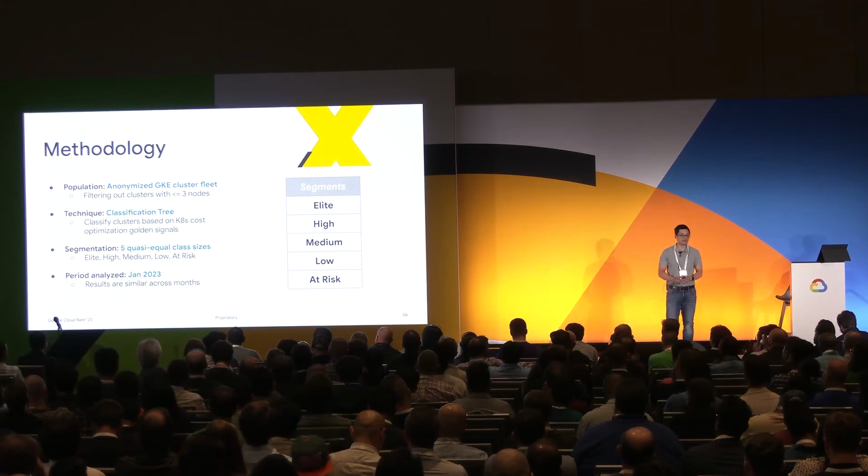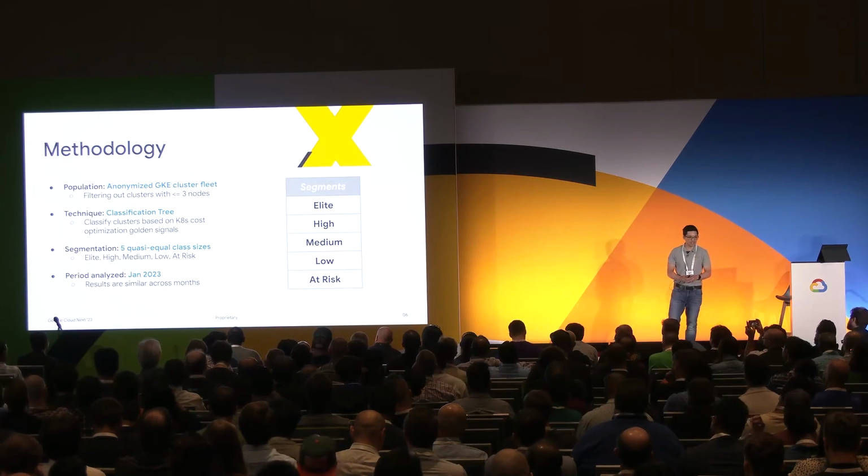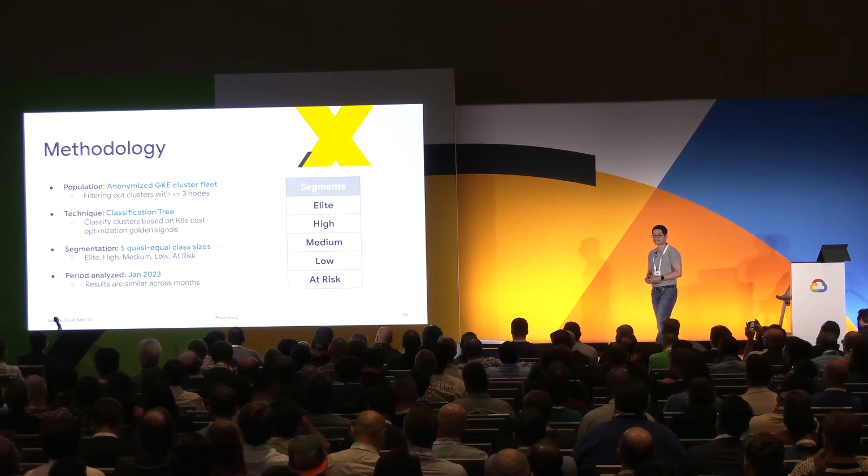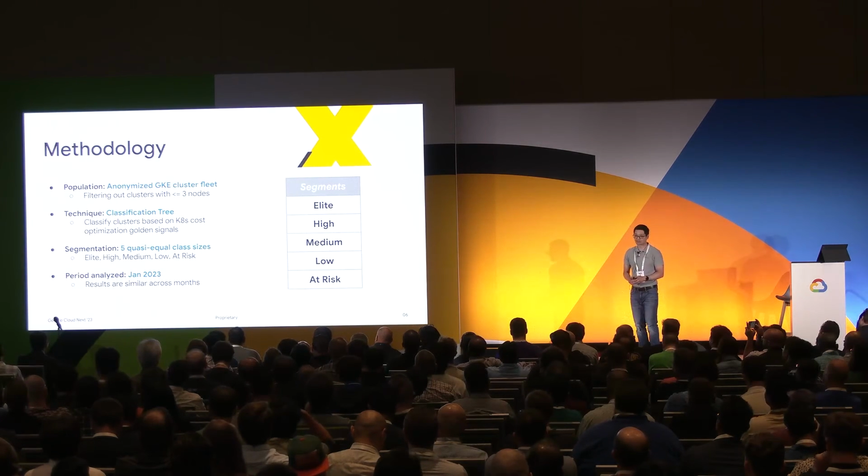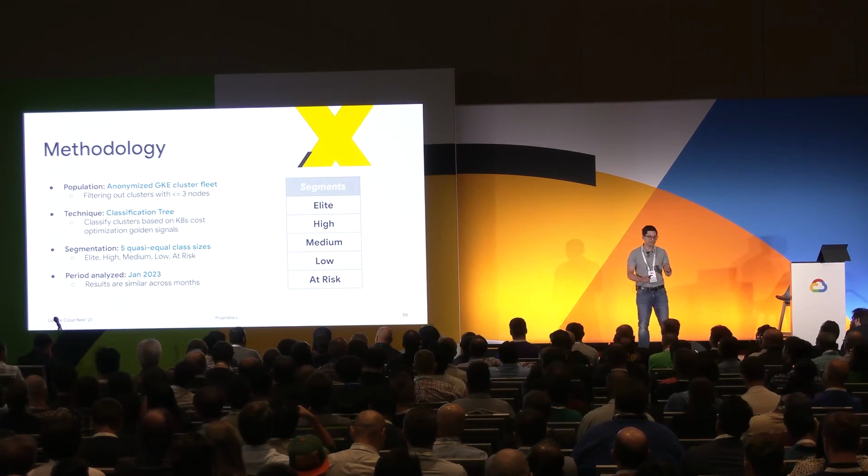as well as give us a little semblance of opinionation, which you'll notice on the bottom right-hand corner is the at-risk section. And that's when we talk about that reliability element of it, where does that play into all of this? We did a quasi-interval. As I mentioned earlier, we have segments of elite, high, medium, low, as well as the at-risk portion. And funny enough, we actually took this data grouping for January 2023.